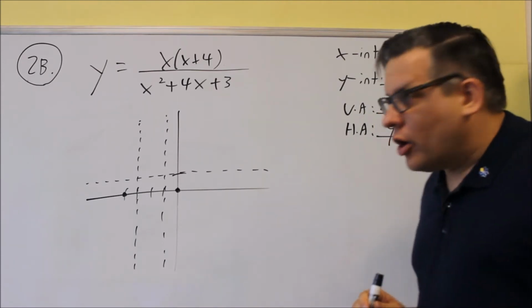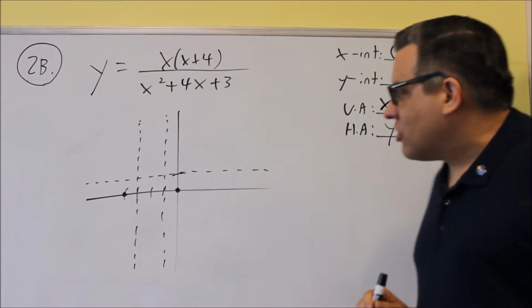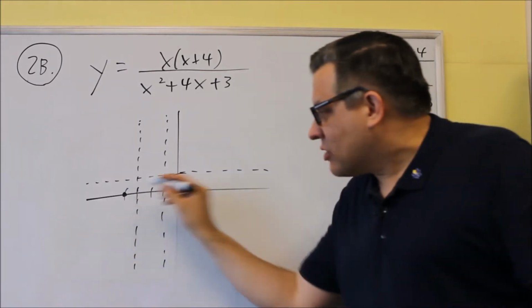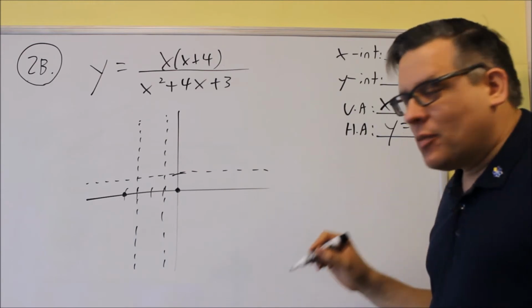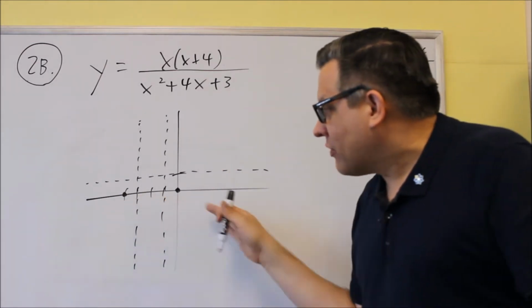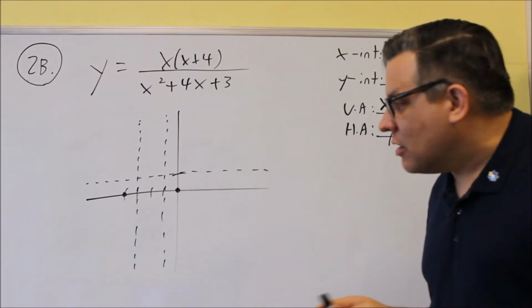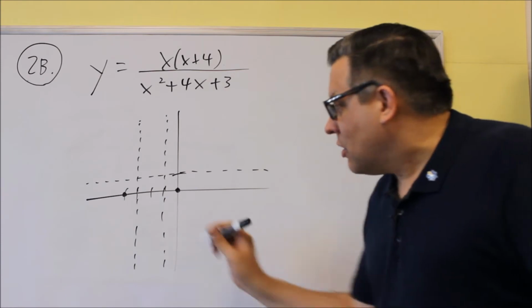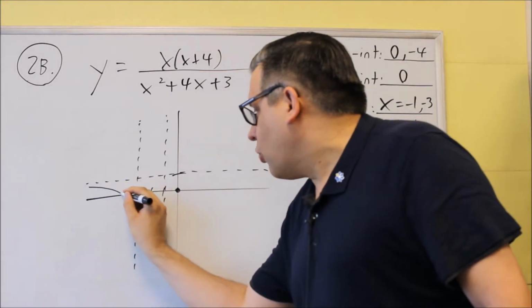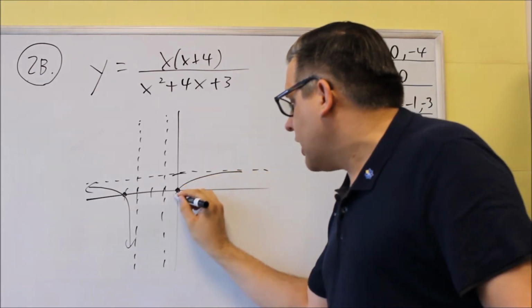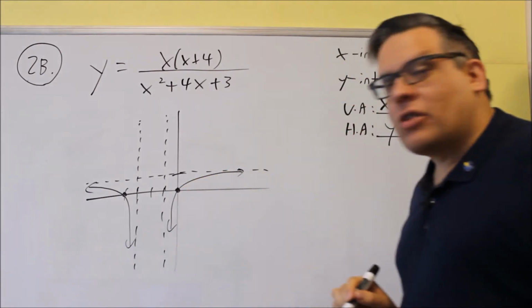This particular one is actually a little bit more helpful on the two ends, because this time we know exactly where the graph is supposed to be. We don't have to do test points like we did in the previous example. We don't have to test each end of the vertical, because we see exactly where it crosses the x-axis, which means you're going to have one part going down like this and another part going down like that.